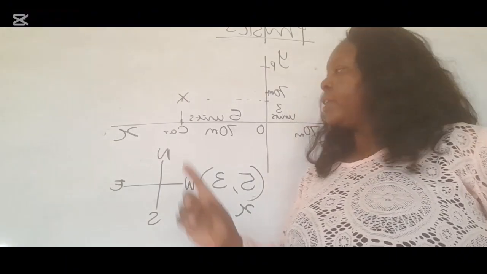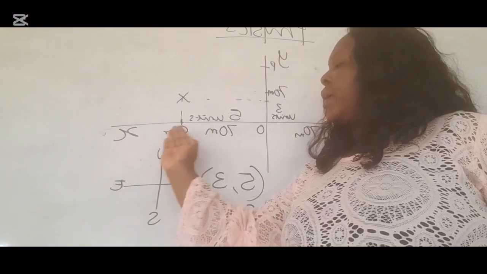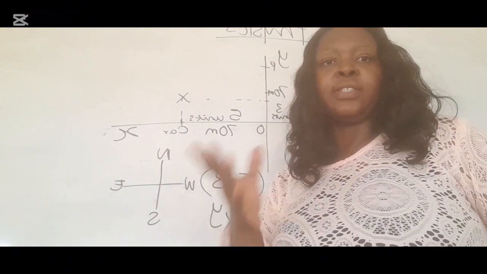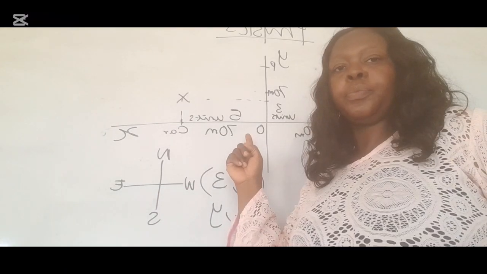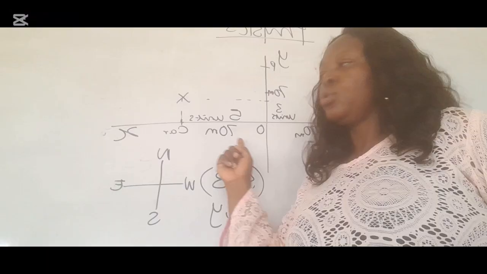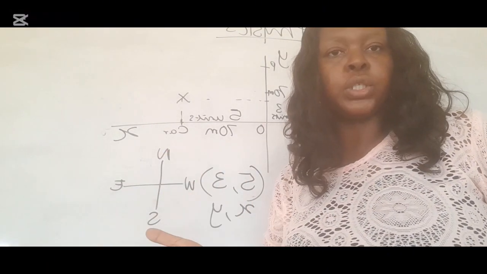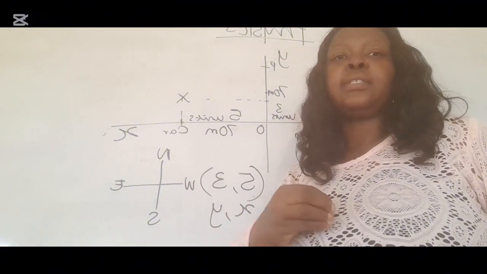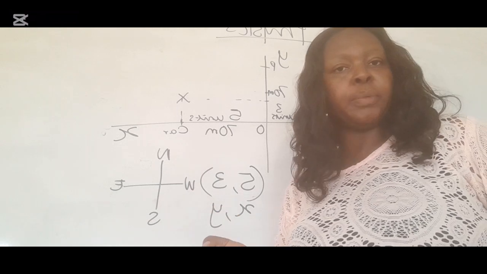Distance is only the measure from the origin to where the car is, but it does not tell us the direction. When the distance is given and the direction is added to it, then we have what is called displacement.